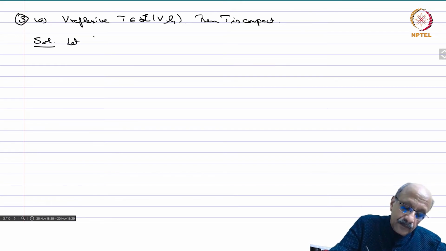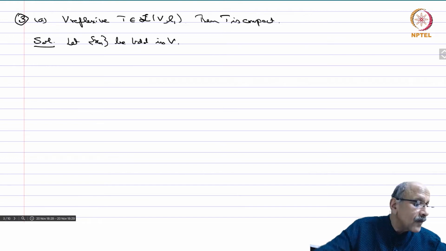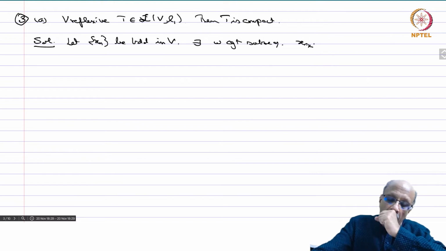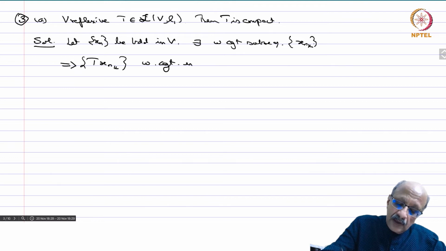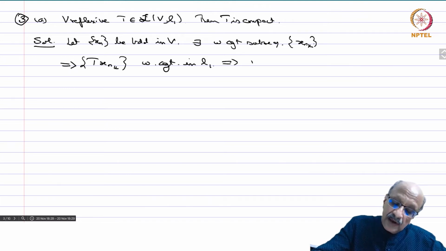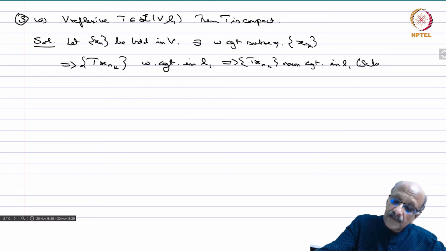Let x_n be bounded in V. So there exists a weakly convergent subsequence x_{n_k}, and this implies that Tx_{n_k} is weakly convergent in L1, which implies Tx_{n_k} is norm convergent in L1, again by Schur's lemma, and this implies that T is compact.